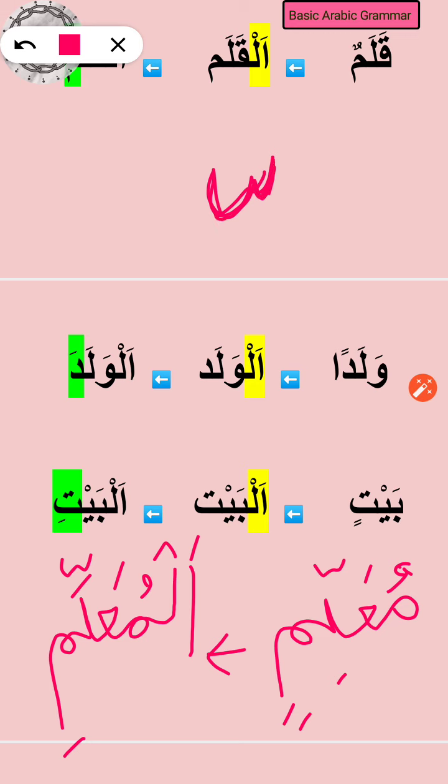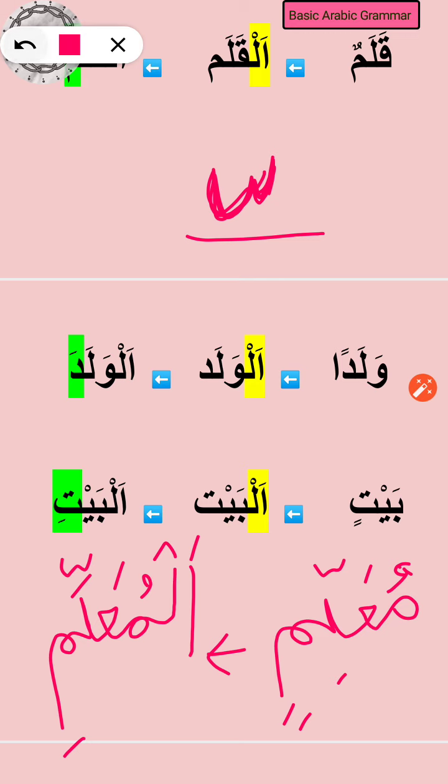So the zabar, the fatha is present above this tashdid or this shadda, and if I were to do this, it would be considered as kasra.